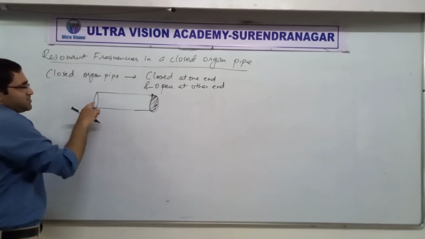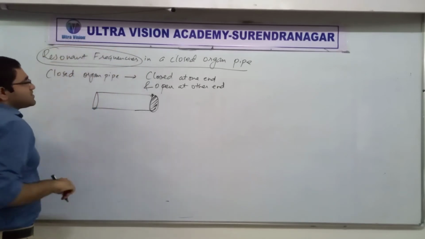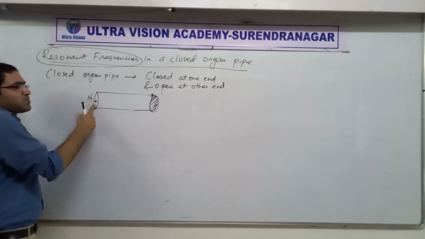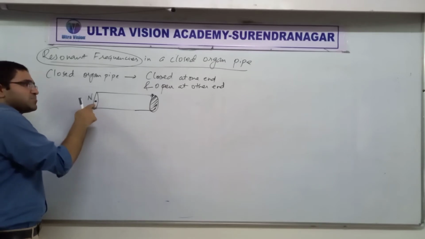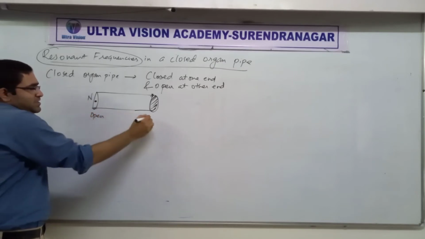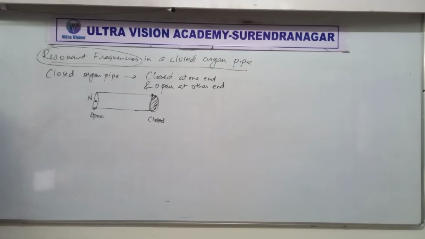First of all, when standing waves or resonant frequencies are there, I hope there is no doubt that here there will be a pressure node. Clear or not clear? Why? This is open. This end is closed. That much is clear, that there will be a node on this side.